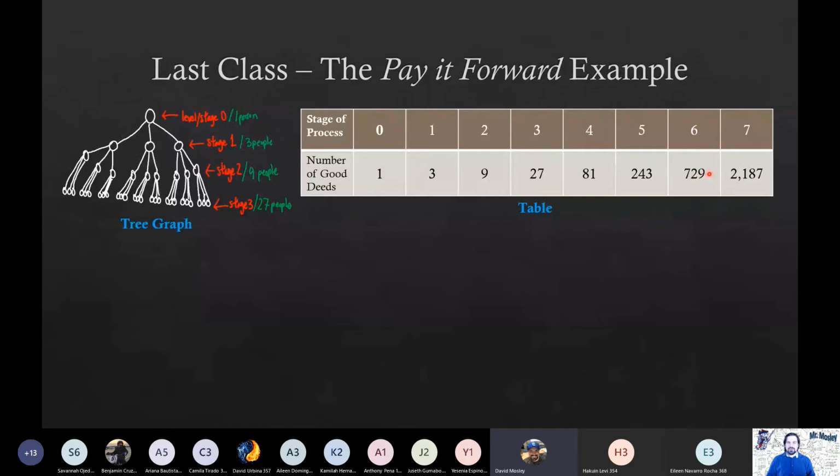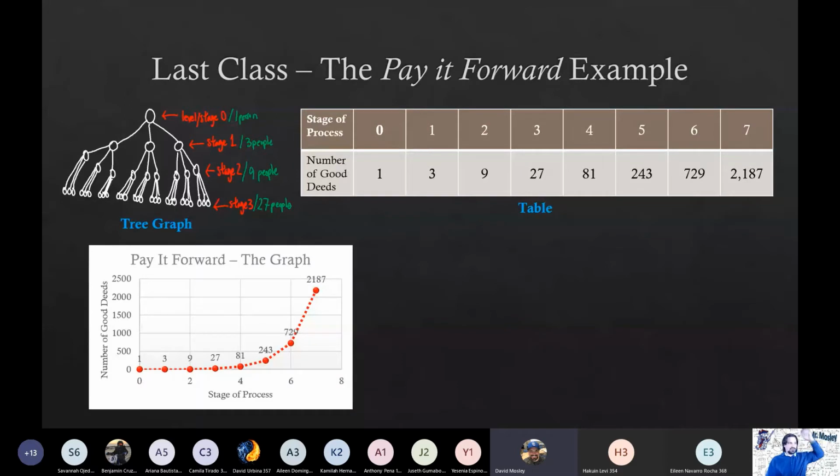So multiplying by 3 became our rate of change to get from one value to the next value. This is different than what we saw in the previous unit about linear functions, where our rate of change was a constant addition of a number, rather than now we're looking at a constant multiplication of a number.